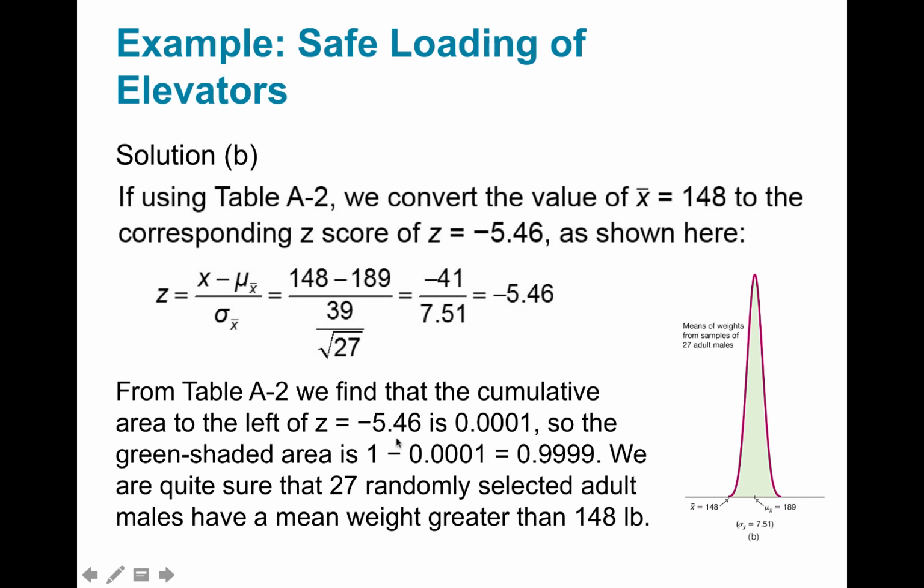So you look up that number in the table and you get this as a probability. Subtracting from 1 you get 0.999. So almost 100% probability that the sample mean is going to be bigger than 148. Compare that with 85% for an individual, and it's about 100% for a sample of size 27.